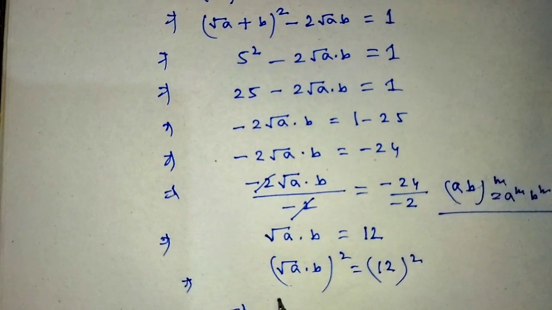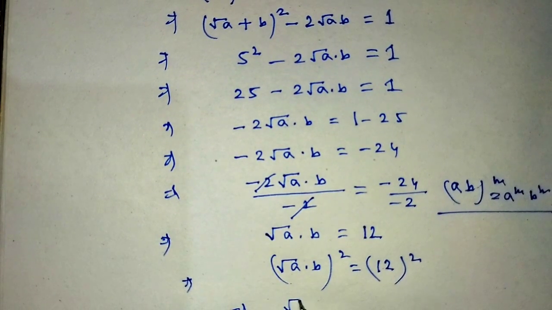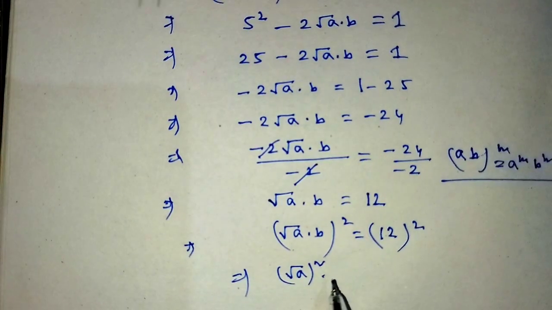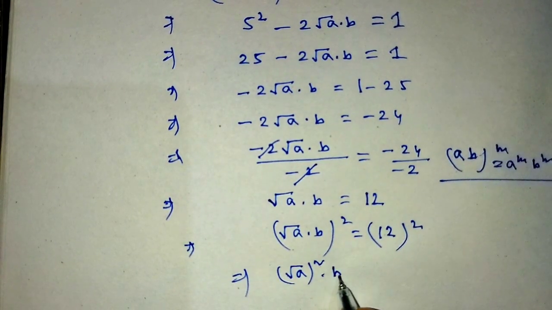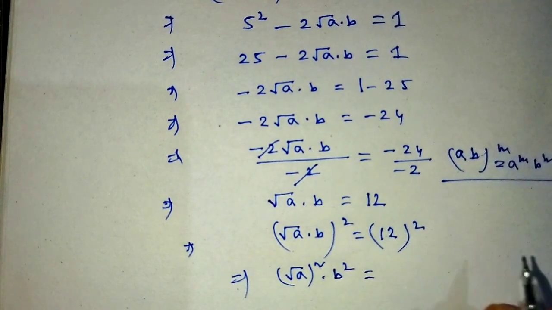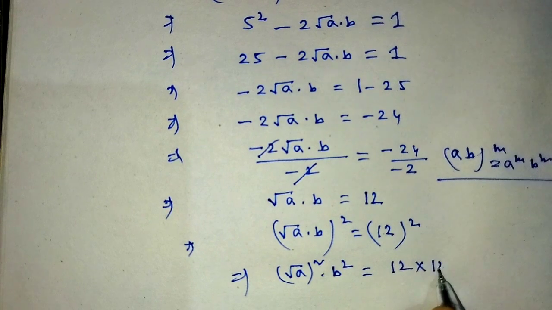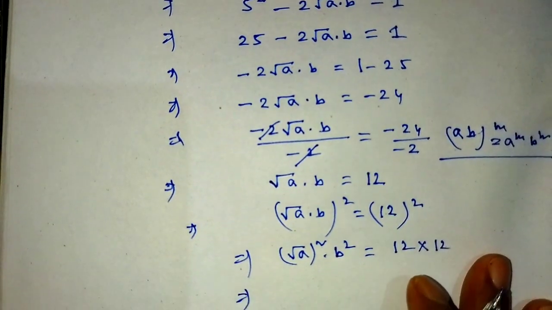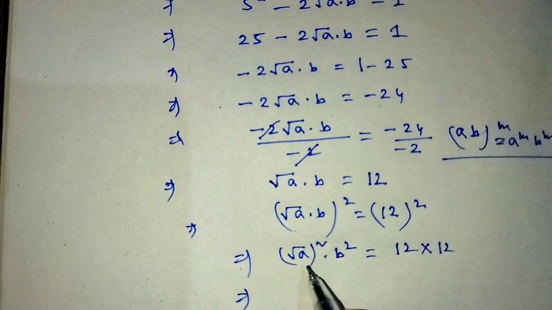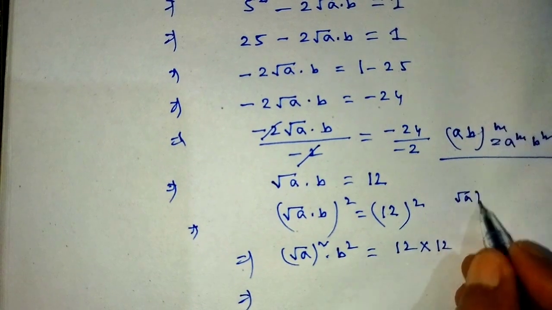Okay, so we can write in here root over of a whole square into b square is equal to, on the right hand side we have to write, so here is 12 square, that means 12 into 12. Okay, on the left hand side we know that root over of a whole square is equal to a.